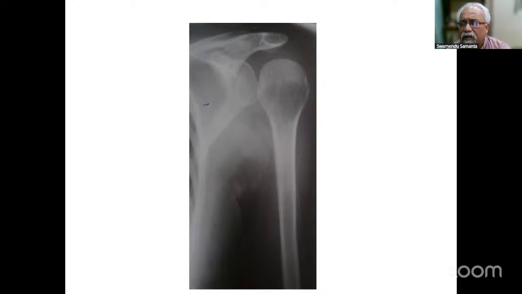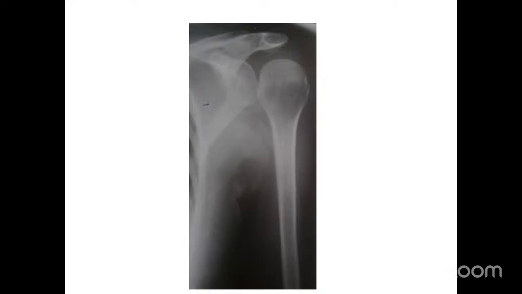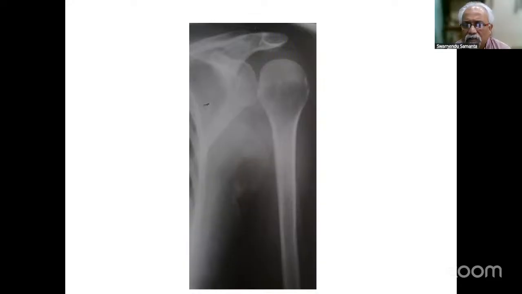This is a radiograph of the shoulder joint, showing this shoulder, and the head is not looking normal, and my diagnosis will be a posterior dislocation of the shoulder. The light bulb sign, the examiner will ask you.